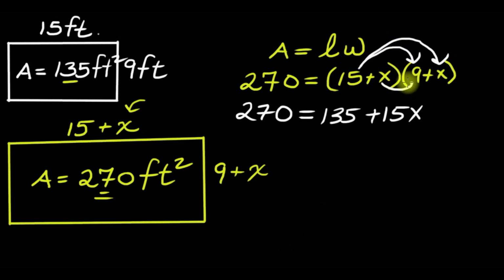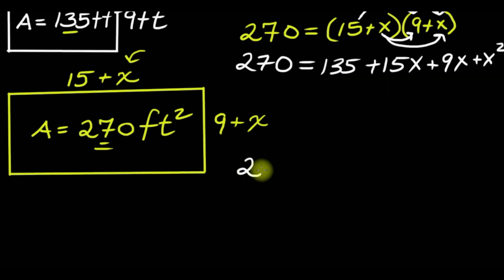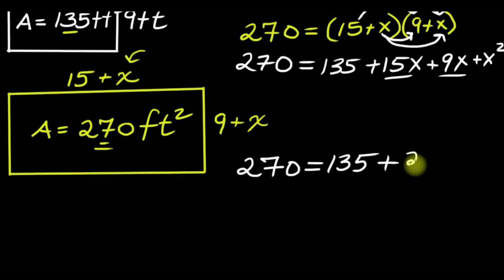So x times 9 is 9x. And then x times x is x squared. So I have 270 is 135 plus, now these two are like terms, so when I add those I'll get 24x plus x squared.